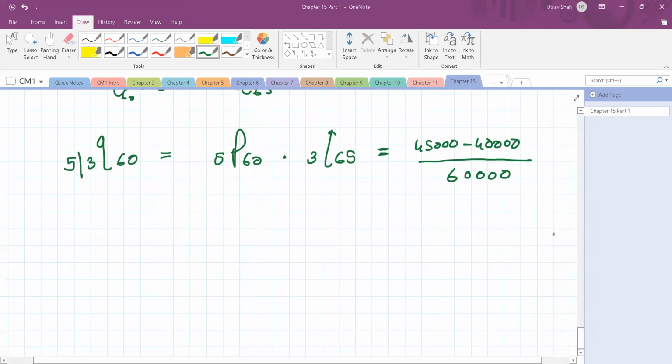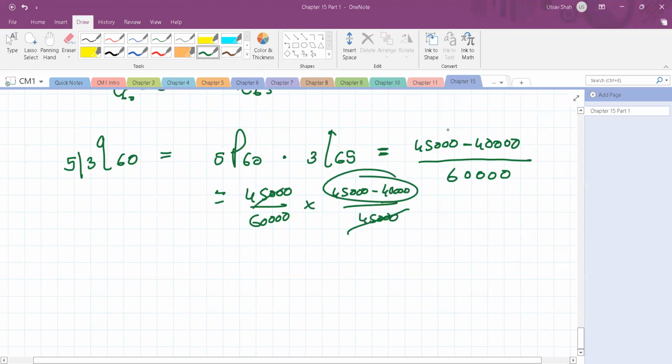All right. This is one method, and the other method is this. This will be equal to 45,000 upon 60,000 into 45,000 minus 40,000 upon people alive at 65, 45,000. This gets cut, and the numerator is same as this, denominator is same as this. So both ways you get the same answer.